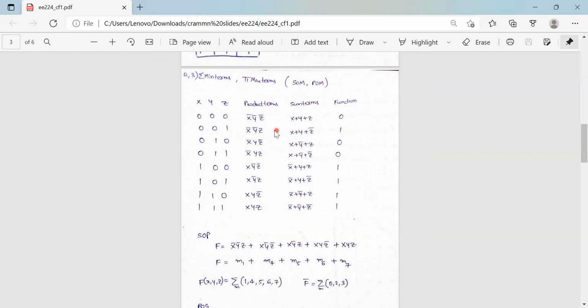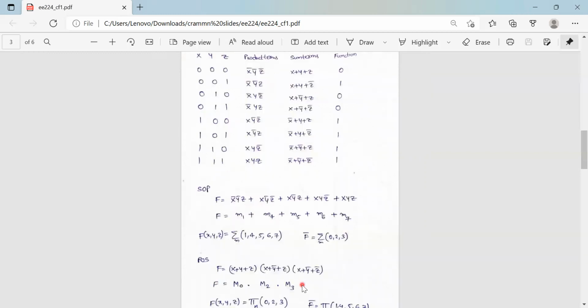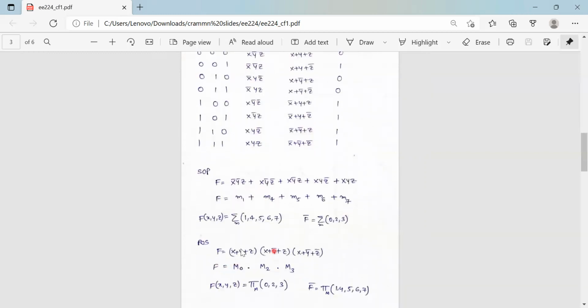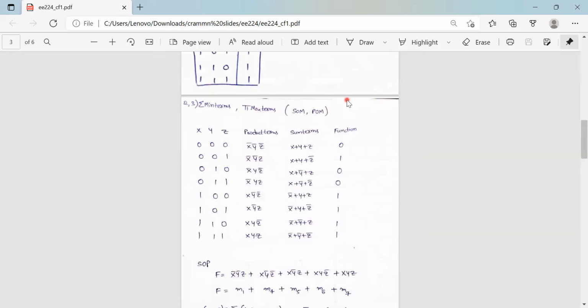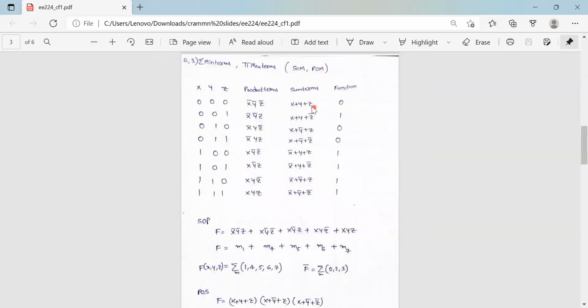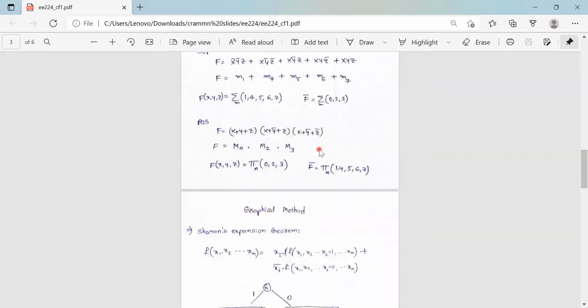We will add these five terms and we get the expression. And then product of sums, for the max terms. These are the three max terms, so we will take the product of these three sum terms: m0 dot m2 dot m3.